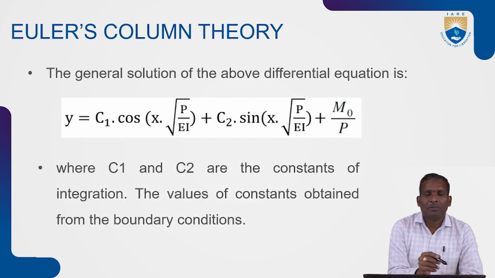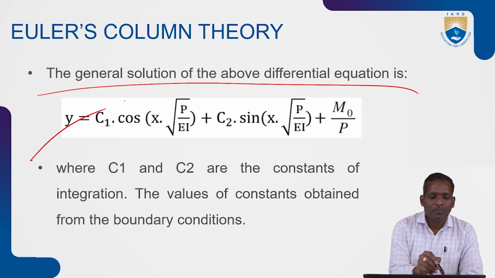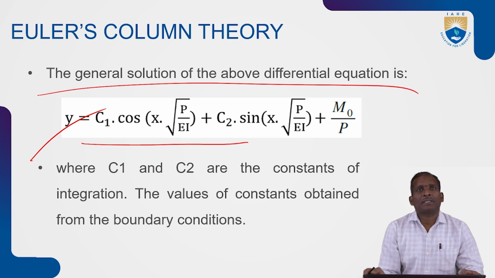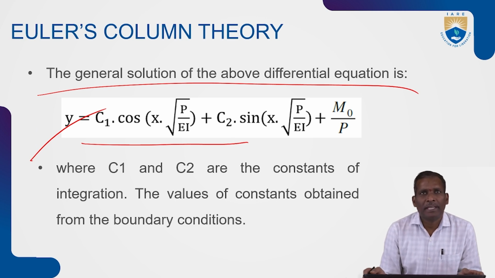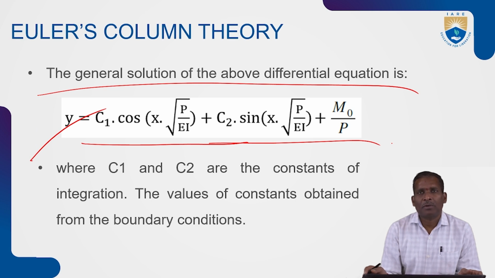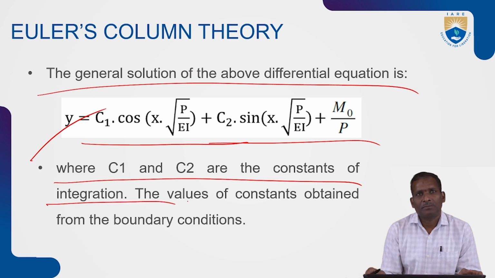The general solution of the above differential equation: Y is equal to C1 cos of X into square root of P by EI plus C2 into sine X into square root of P by EI plus M naught by P, where C1 and C2 are the constants of integration.